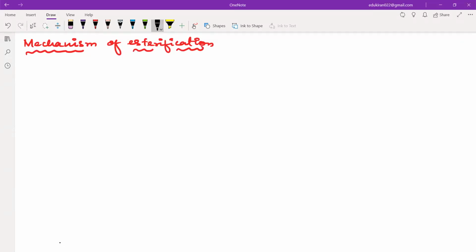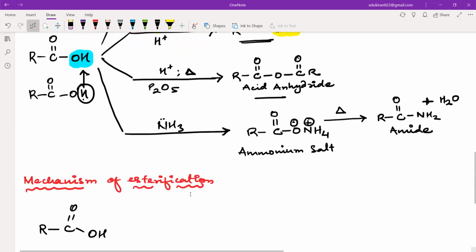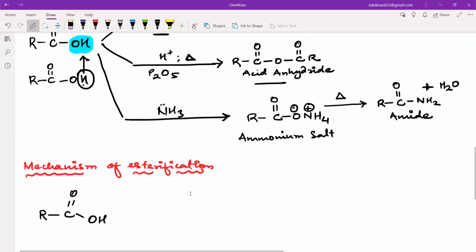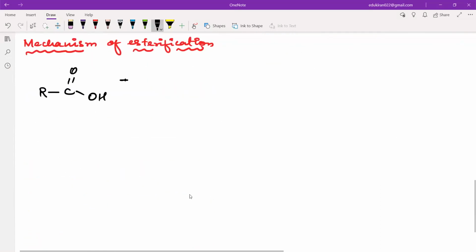Okay. First of all, you have carboxylic acid. That means we have R, C double bond O, and there is an OH group attached here. And as you have seen, the esterification reaction happens in the presence of an acid. So first of all, that acid is here: you have H plus. All of these reactions involved in esterification are in equilibrium. They are all reversible because most of them are proton transfers.